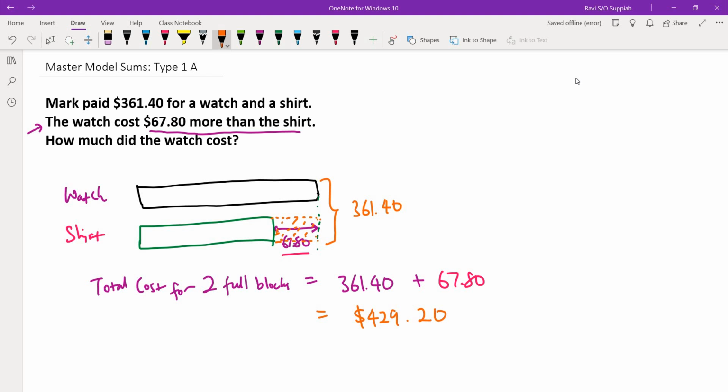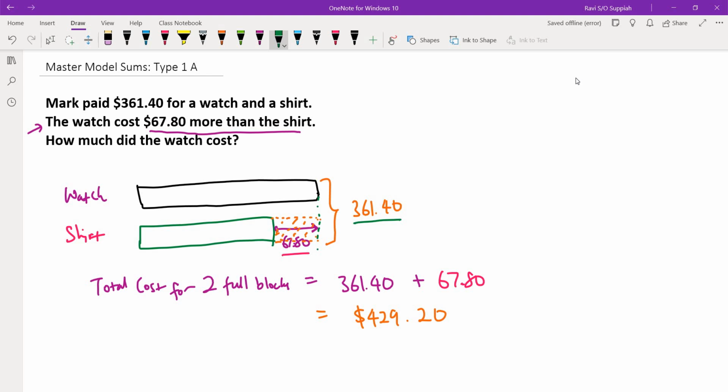Okay, so let me repeat again. What are we trying to do? We are trying to imagine that the shirt costs the same amount as the watch. So in terms of drawing, both the blocks will have the same length. In that case, the total amount that I would have paid would be whatever amount that I've currently paid, which is 361.4, plus whatever is the difference between the watch and the shirt.